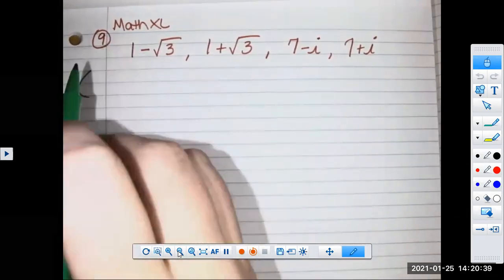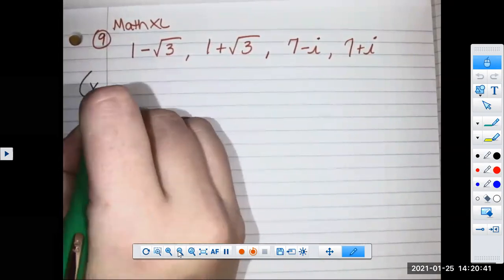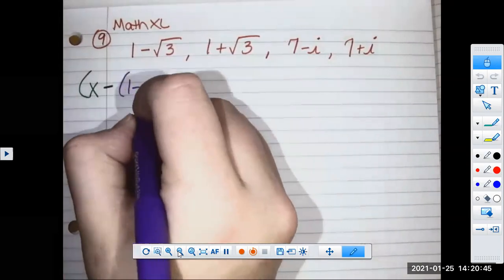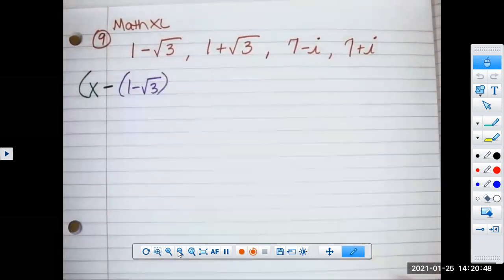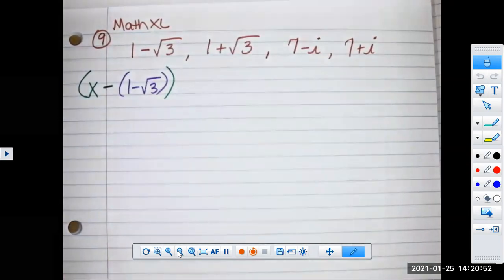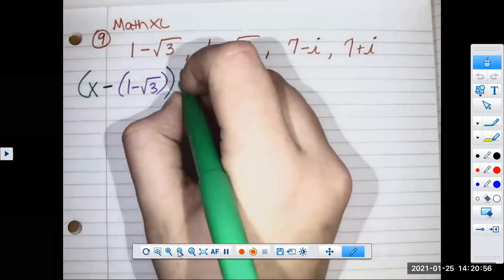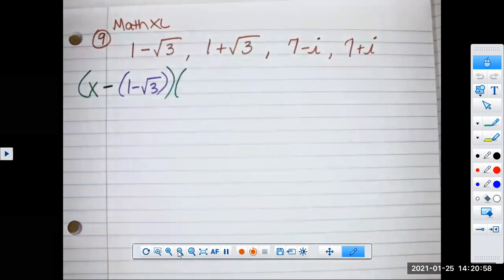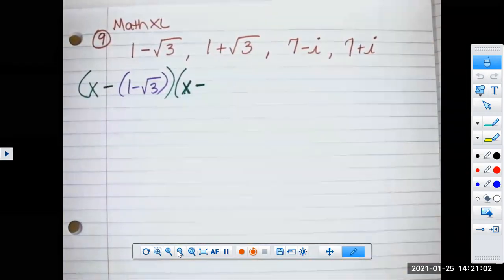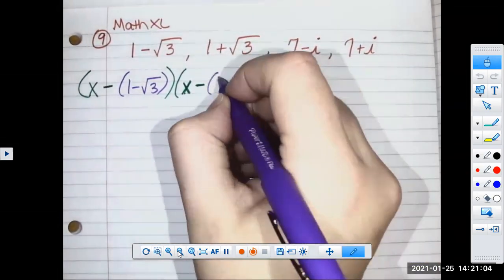So for this first one, you're going to say x minus, and then you're going to put that root inside. And I'll show you when we do this way in a minute. And then times. The next one, you're also going to say x minus, and you're going to put this root inside.